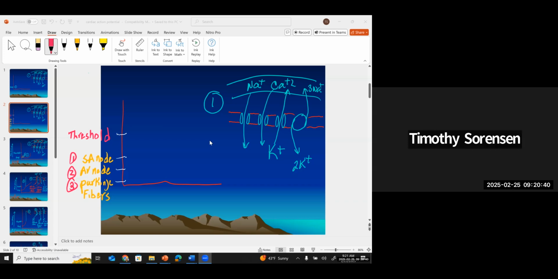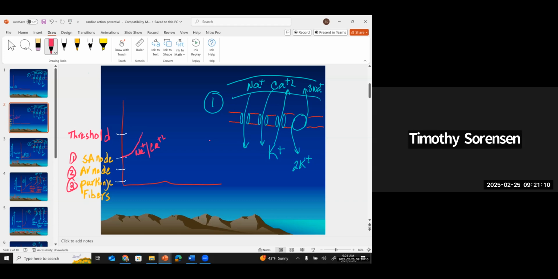Now, remember that in order for the heart to produce an electrical impulse, for the electrical activity of the heart to continue, the normal pacemaker of the heart is the SA node. And sodium and calcium have to leak in. Because sodium and calcium are positive ions, that's going to cause the resting membrane potential of the SA node to become more positive.